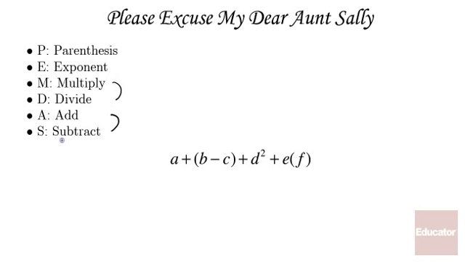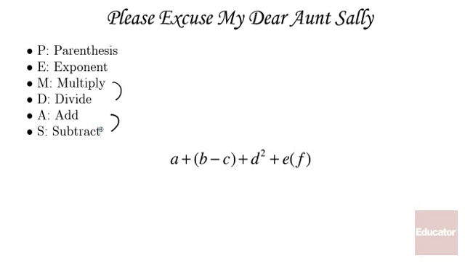So if there's something you have to subtract before you have to add, then you just go ahead and do that. They're the same. Okay? So there's no order in here. But please excuse my dear Aunt Sally is just an easy way for you to remember the order of operations. So make sure you say it a few times and try to remember those.